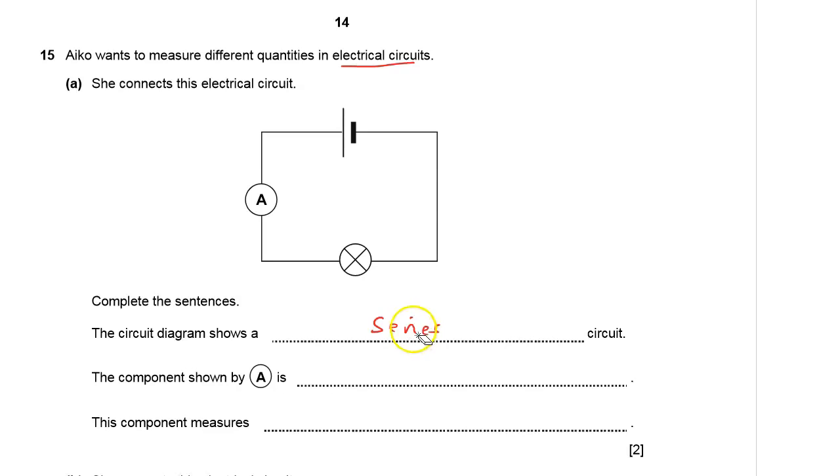We have got two types of circuits, parallel and series. So this is a series circuit. Then the component shown by A in a circle is usually an ammeter. An ammeter measures the current flowing in the circuit.